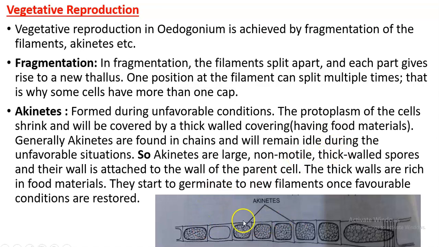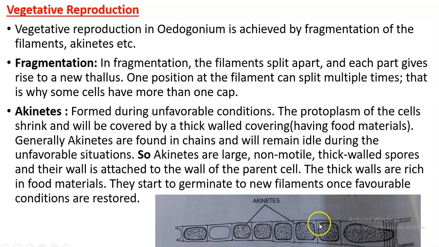This is a filamentous body and you can see the chain of akinetes. What are akinetes? Akinetes are formed by shrinking the protoplasm of the normal filament. You can see it is concentrated towards the center. This is the thick-walled akinete, which is the shrunken protoplasm of the normal cell. This protoplasm will shrink and it will be covered by a thick-walled covering. This thick wall will have proper food materials to overcome the unfavorable situation.